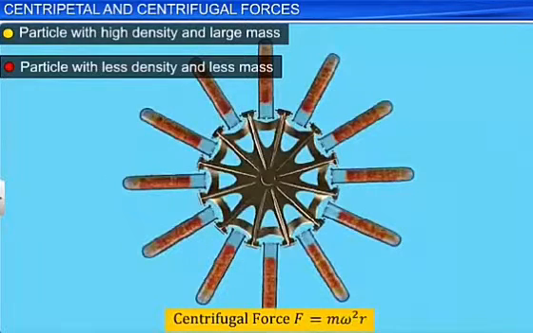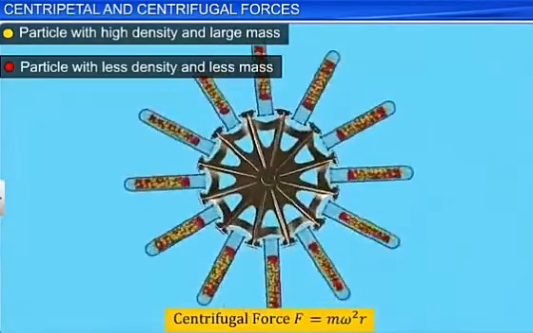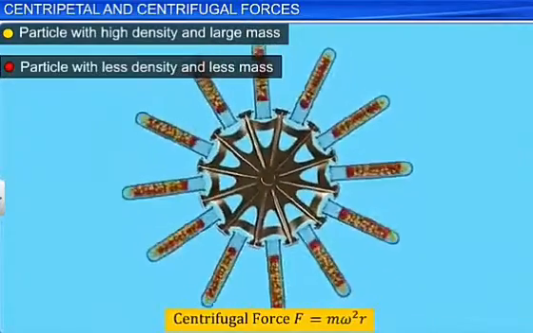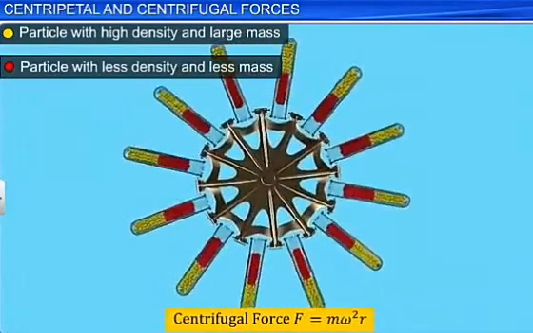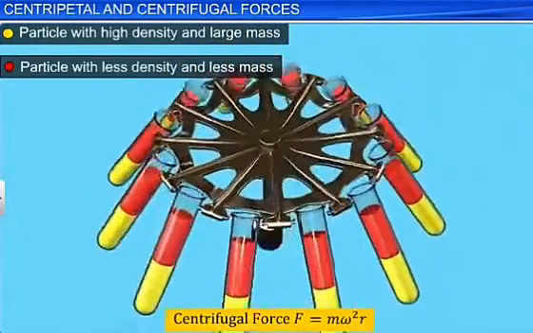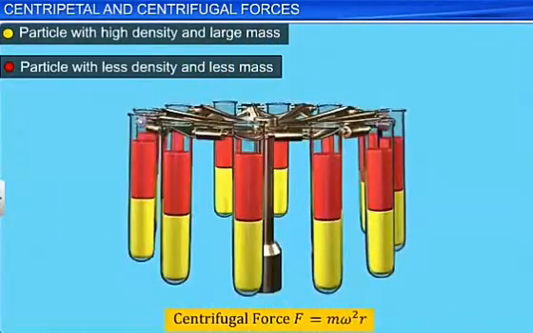As a result, the dense particles tend to move along the length of the tube to a greater radius of rotation, displacing the lighter particles to the other end. In this way, particles of different densities are separated by the centrifuge.